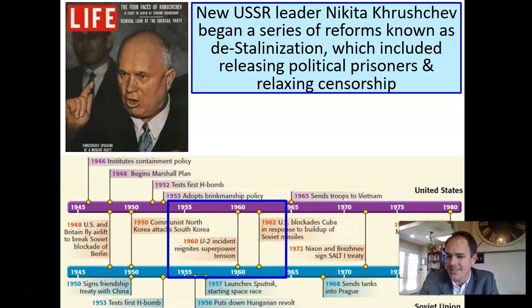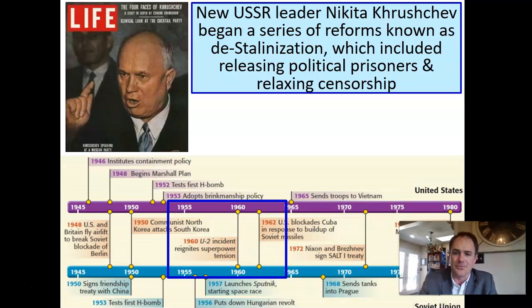All right, new leader, Nikita Khrushchev, you see him there on the left, begins a series of reforms known as de-Stalinization. In other words, the ending of some of Stalin's more awful policies: throwing people in jail on just trumped up charges, executions of people, the use of famine as a political weapon.